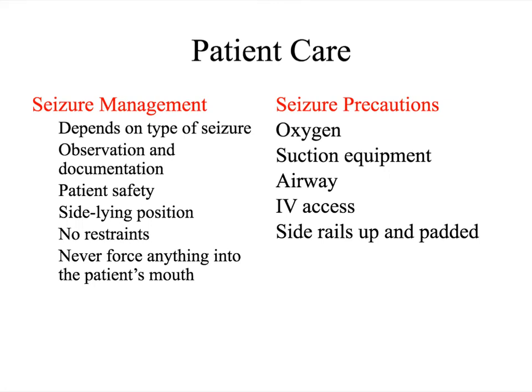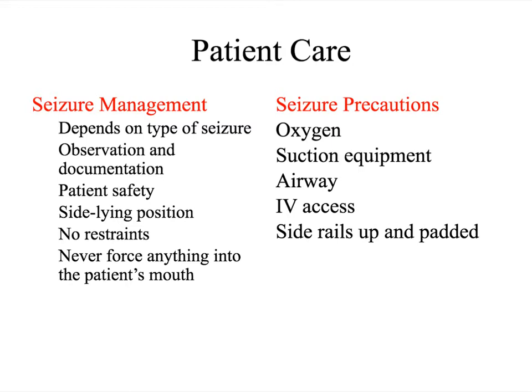It's important for the nurse to know that a patient has a history of seizures so that we can go ahead and put in place any precautions that we might have to have handy in the event that the patient does have a seizure. It definitely depends on the type of seizure, but any kind of seizure history should warrant us getting in the room some oxygen and suction equipment that are available in the event that we would need them quickly.